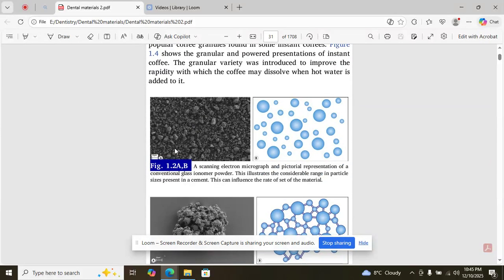Figure 1.2a and b, a scanning electron micrograph and pictorial representation of a conventional glass ionomer powder. This illustrates the considerable range in particle sizes in a cement. This can influence the rate of set of the material.